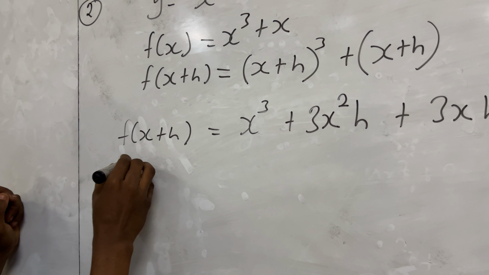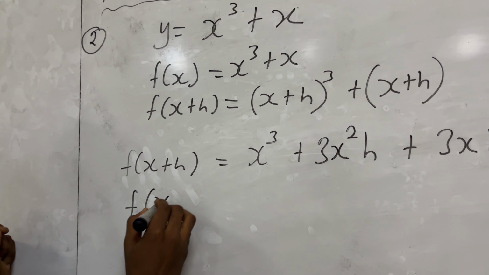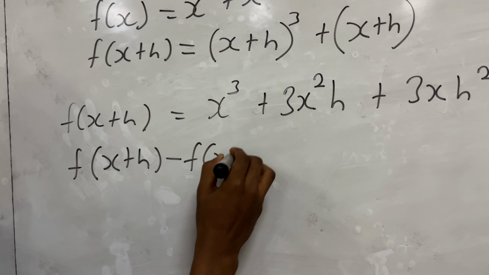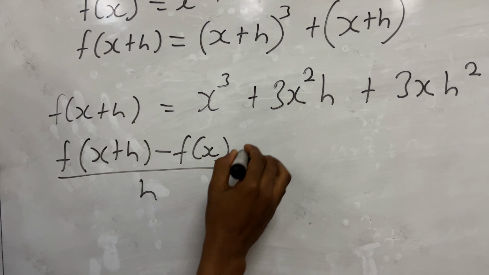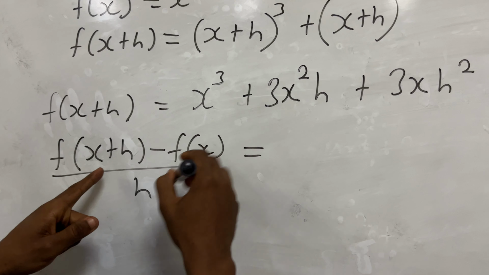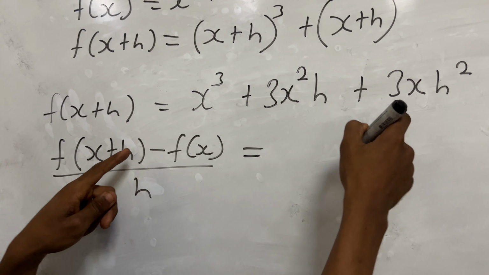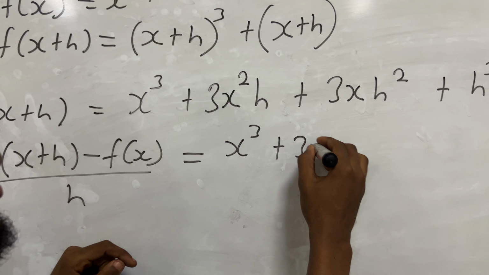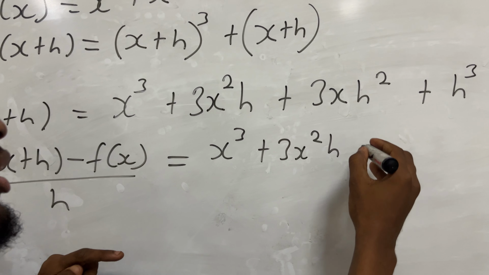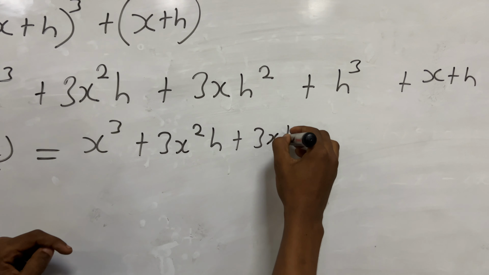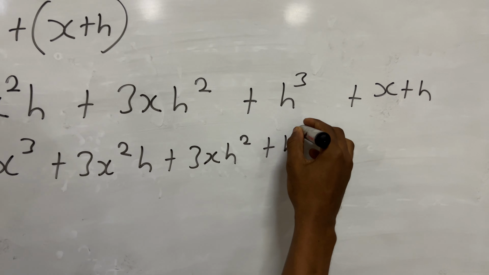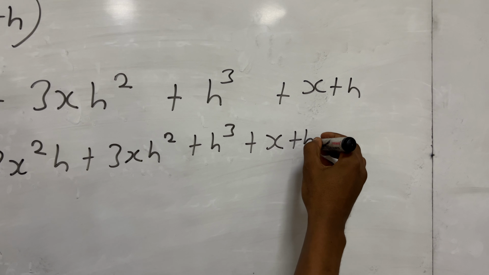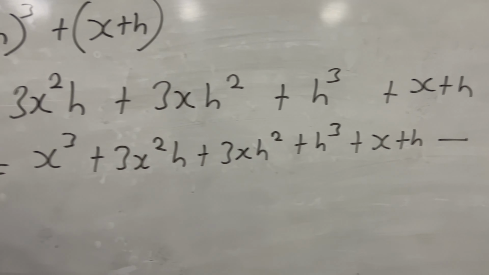Now, I'll by all means look for f of (x plus h) minus f of x, all over h, which is equal to, what is my f of (x plus h)? It's here. You have x cubed plus 3x squared h plus 3x h squared plus h cubed plus x plus h, then minus my f of x.